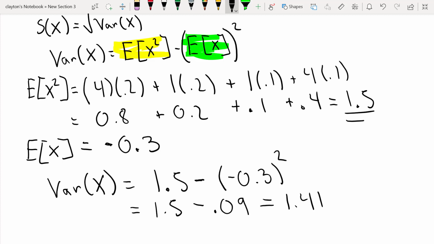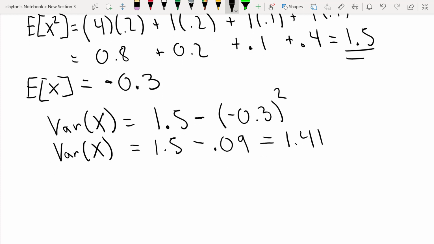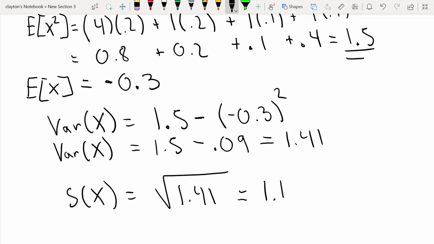But be careful, this is the variance of x, and we are interested in the standard deviation, so we need to take the square root of 1.41 to get the standard deviation of x. In this case, square root of 1.41, I get 1.187.